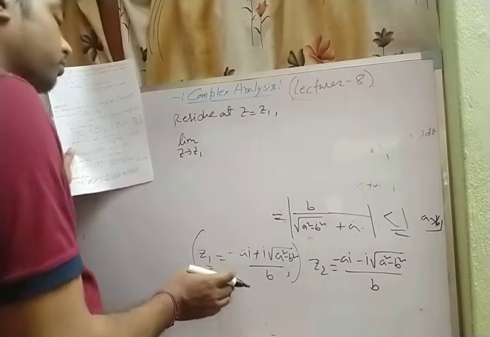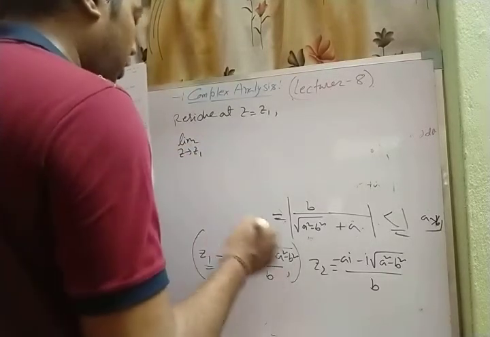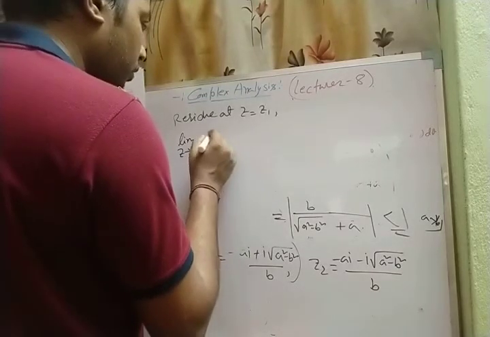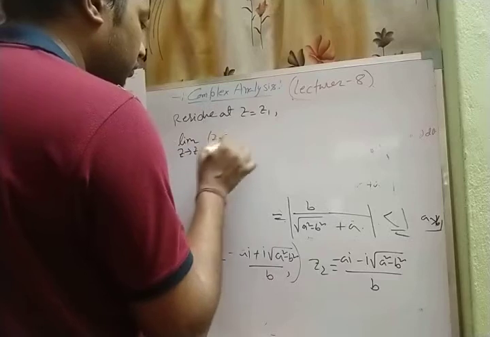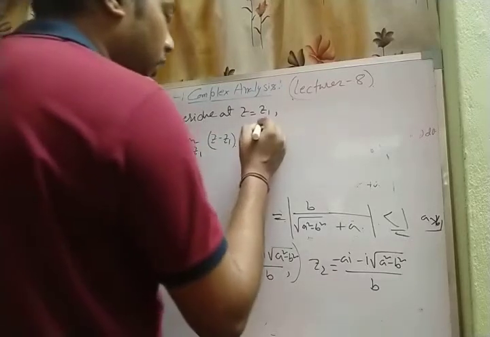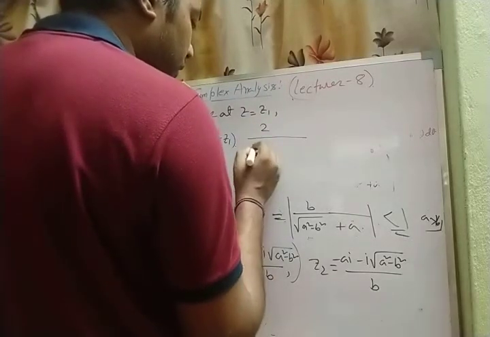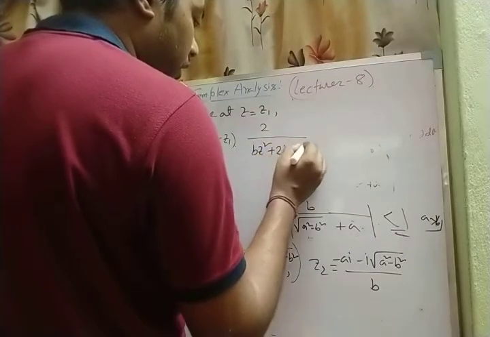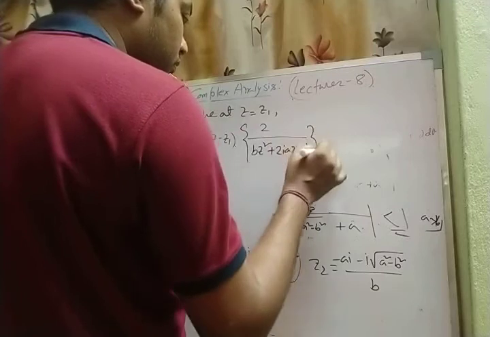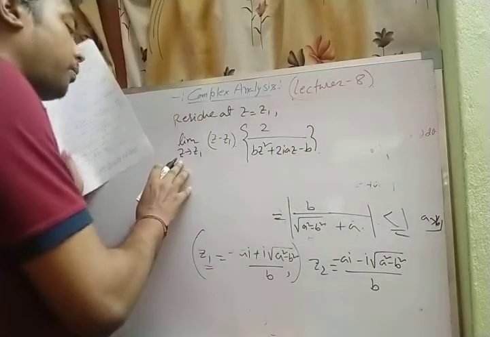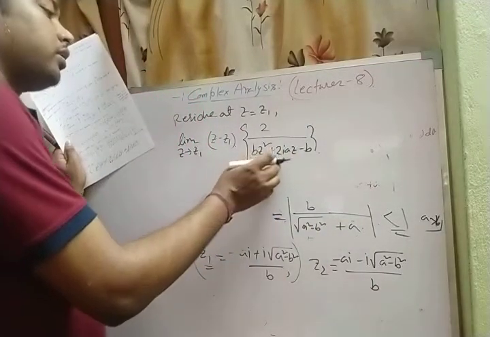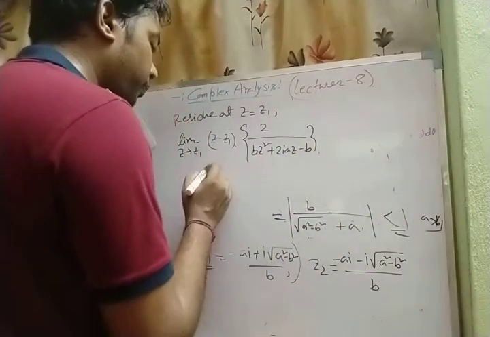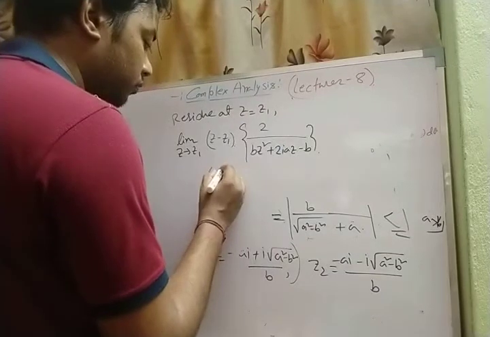This is a simple pole, a pole of order 1. So z minus z1 into the function, 2 by bz square plus twice iaz minus b. Now putting the value of z1 into this gives 0. So we have to use the L'Hospital rule.